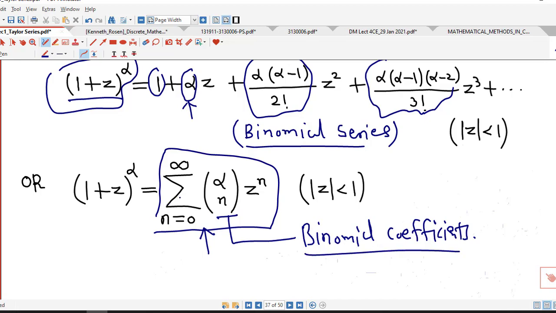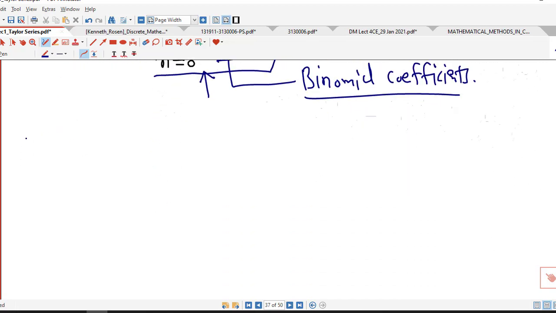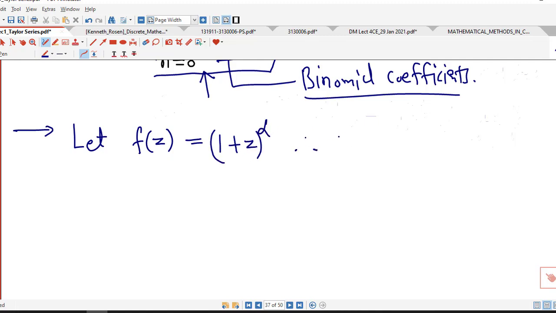So we try to prove this by taking f of z equal to (1 + z)^α. Because we are interested in powers of z, our center must be 0. So we find the value of f of z at z equal to 0, and it is 1 raised to α, that is 1.